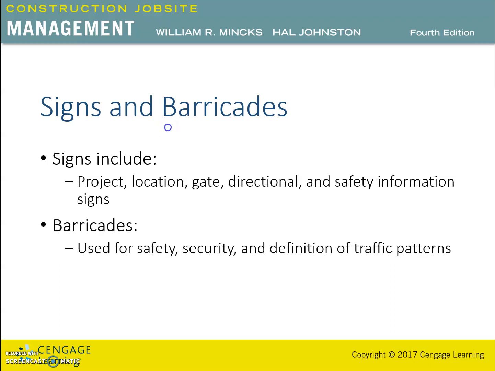Signs can be used to direct traffic to and from the job site. Some of the signs that can be used in job site organization include the following: project sign, normally a specified sign listing information about the project, such as owner, architect, contractor, and major subcontractors.